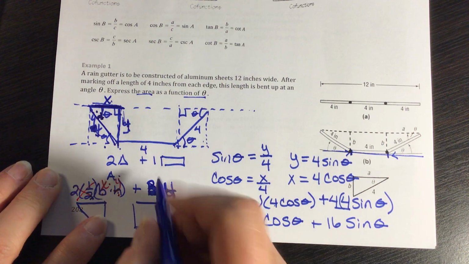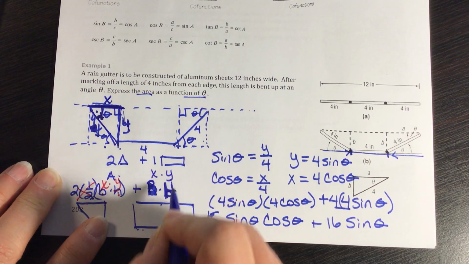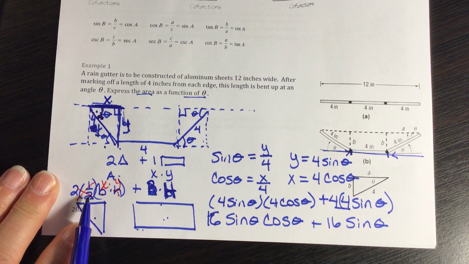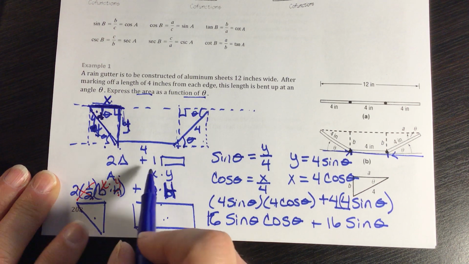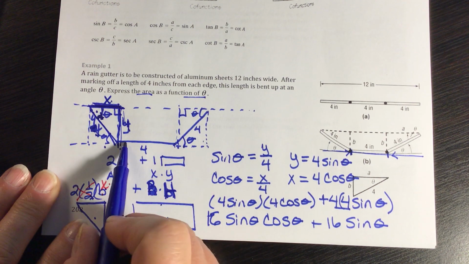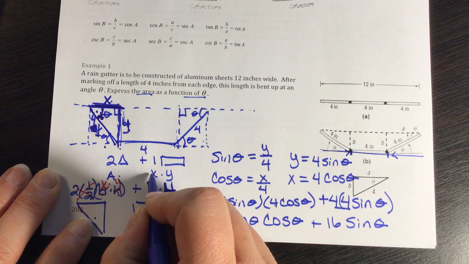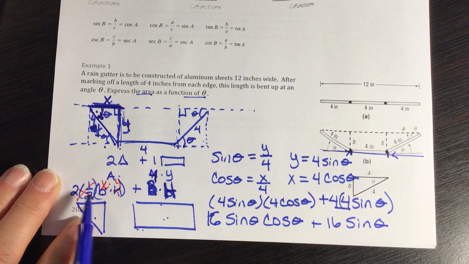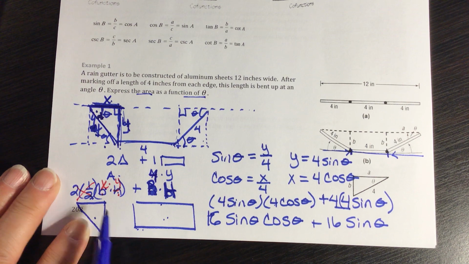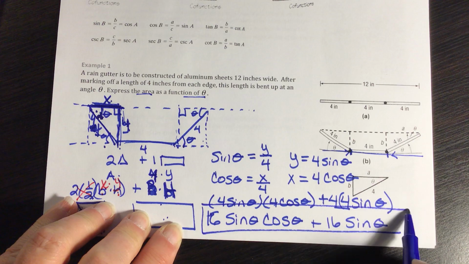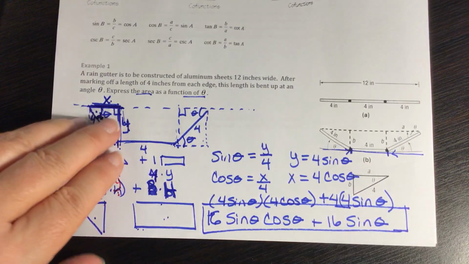So technically this would be x times y, base times height, and this would be x times y here, and this base actually is 4. So this is 4y times xy, and this is what we end up with right here. That was kind of messy, sorry.